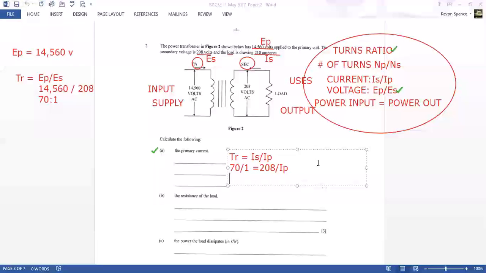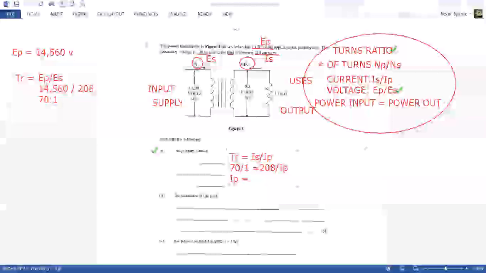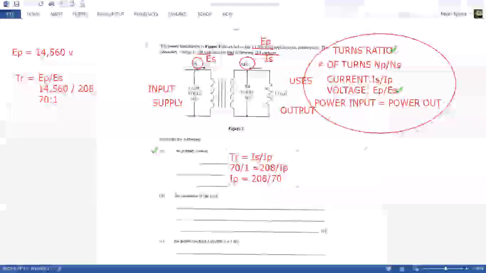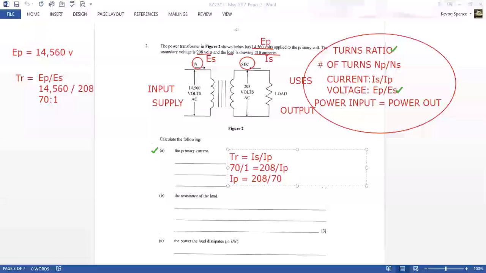Because we want to get IP by itself, when we cross multiply and transpose, I'm fast forwarding, IP is equal to 208 divided by 70. Let me see if you all caught that. You all see how that transposes to get that?